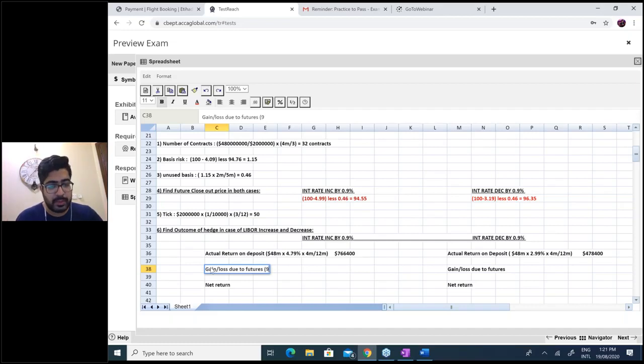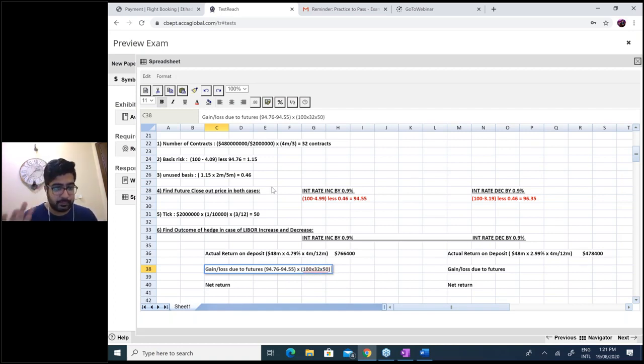So the March futures contract price is 94.76, given in the question. This is the increase case. In the increase case, you just calculated in step 4 the futures closeout price, 94.55, into spot 100 into contracts 32 into tick 50.